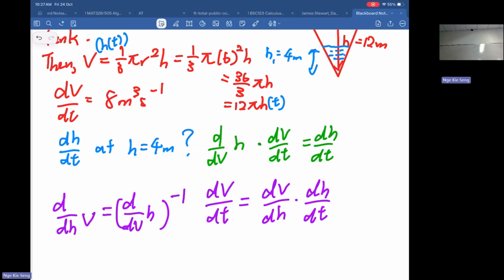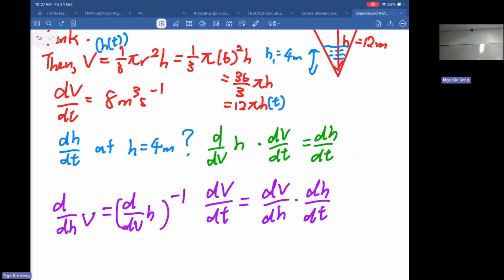If you can replace your height in terms of volume, then you can do that. But generally the chain rule we want to use is this, because we write v in terms of h. Because this three is just a number, I can divide dv over dt by dv over dh at a specific time. Does that make sense?